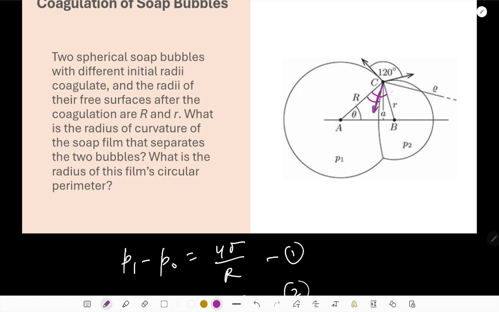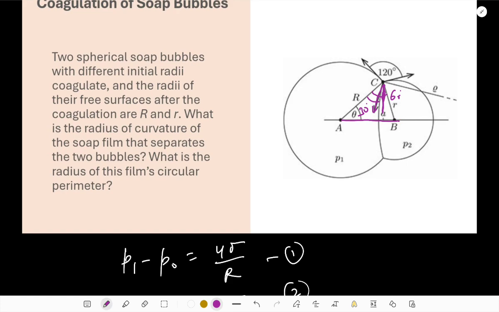So this whole angle is 60 degree and this angle is 30 degree. Now you will need to find this length, because we finally need to find this length a indicated in this picture. This a is the radius of the circular perimeter of the separating soap film.